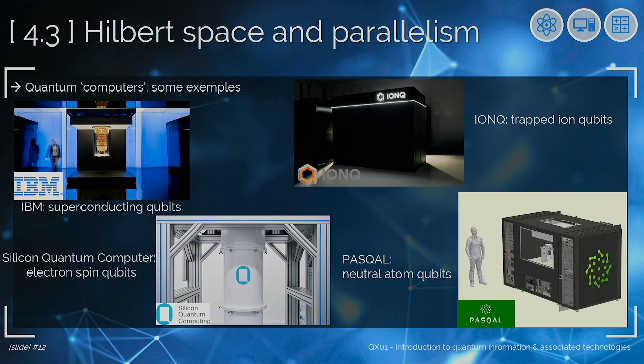That's IBM, not just IBM, but IBM is one of them. In the US, there's also the company called IonQ, which uses trapped ions. If you remember, I already discussed that people could trap single ion atoms in an optical and an electric trap, and then control that to actually make qubits.